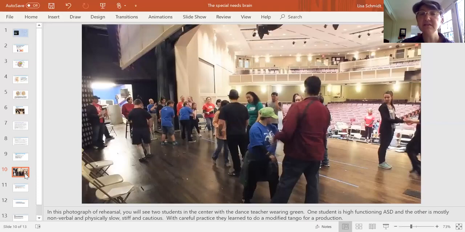And now you can see in this particular photograph, she's surrounded by people and able to do a fairly complicated series of movements that was indeed the steps of a tango.